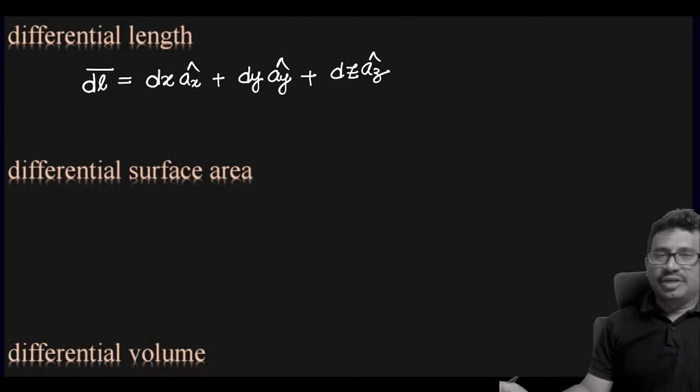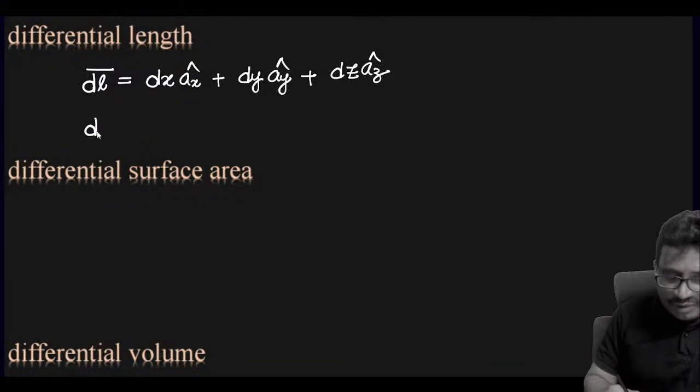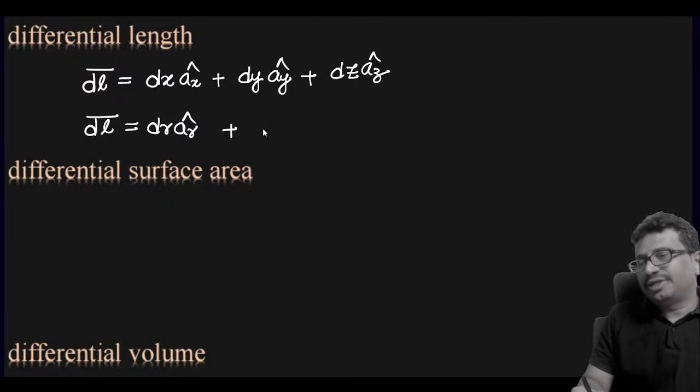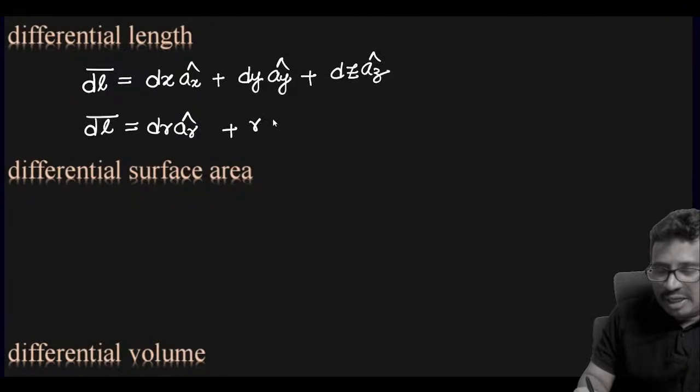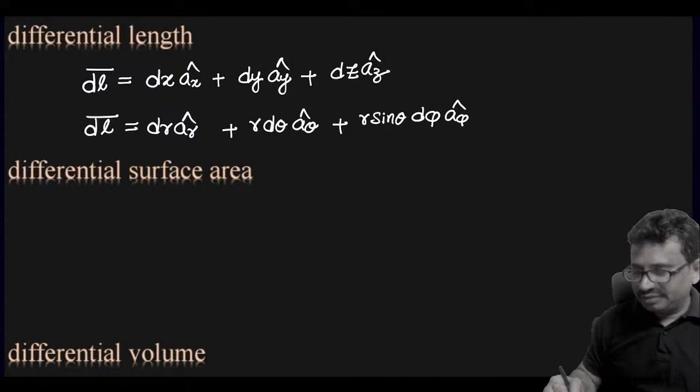For the spherical system, dl is dr a r cap plus r d theta a theta plus r sin theta d phi a phi. Is it fine?